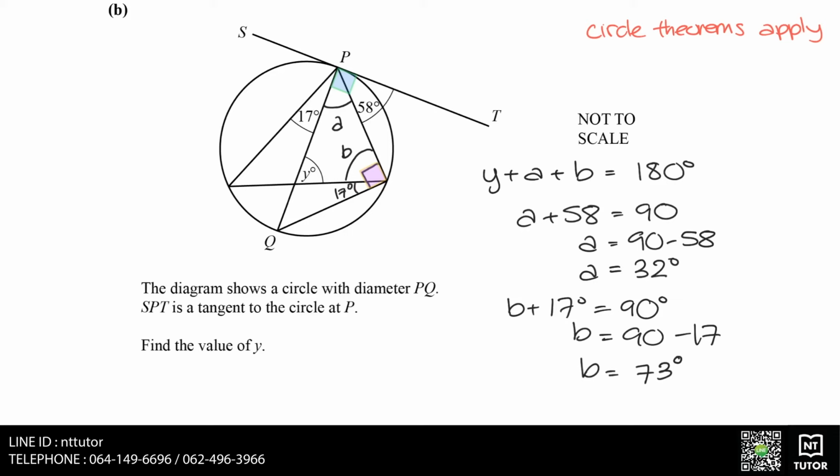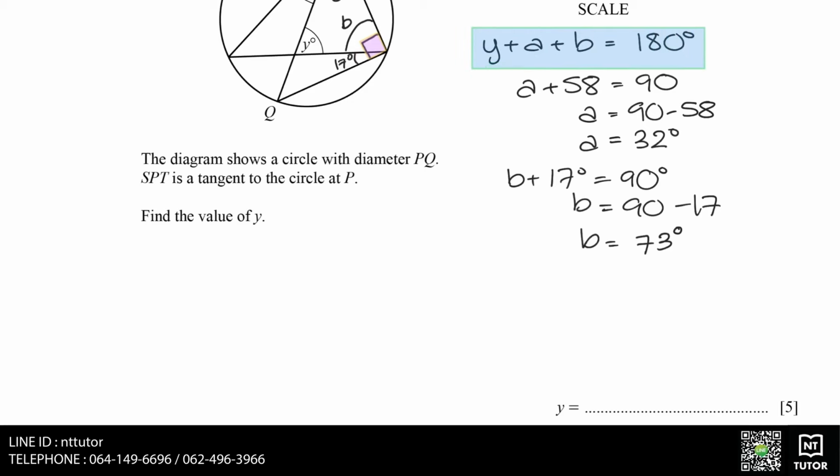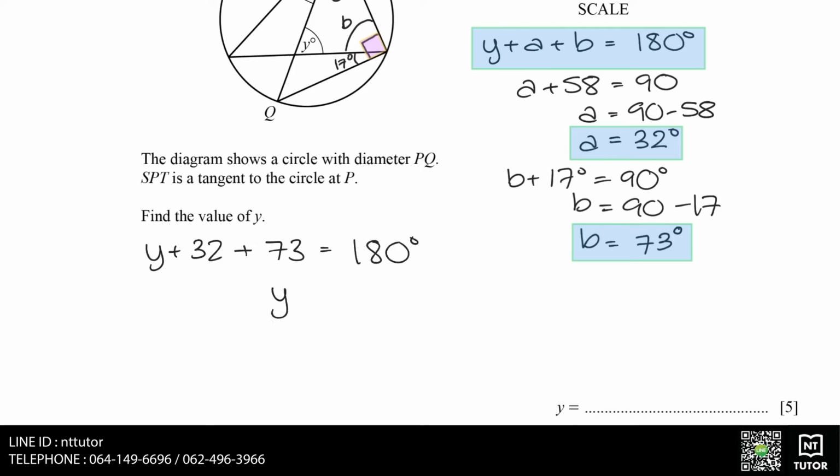Now that we have the values of A and B, we can finally solve for Y because we know that Y plus A plus B must equal 180 degrees. So this means that Y plus 32 plus 73 must equal 180 degrees, and we can solve for Y by doing 180 minus 73 minus 32 to get Y equals 75 degrees.